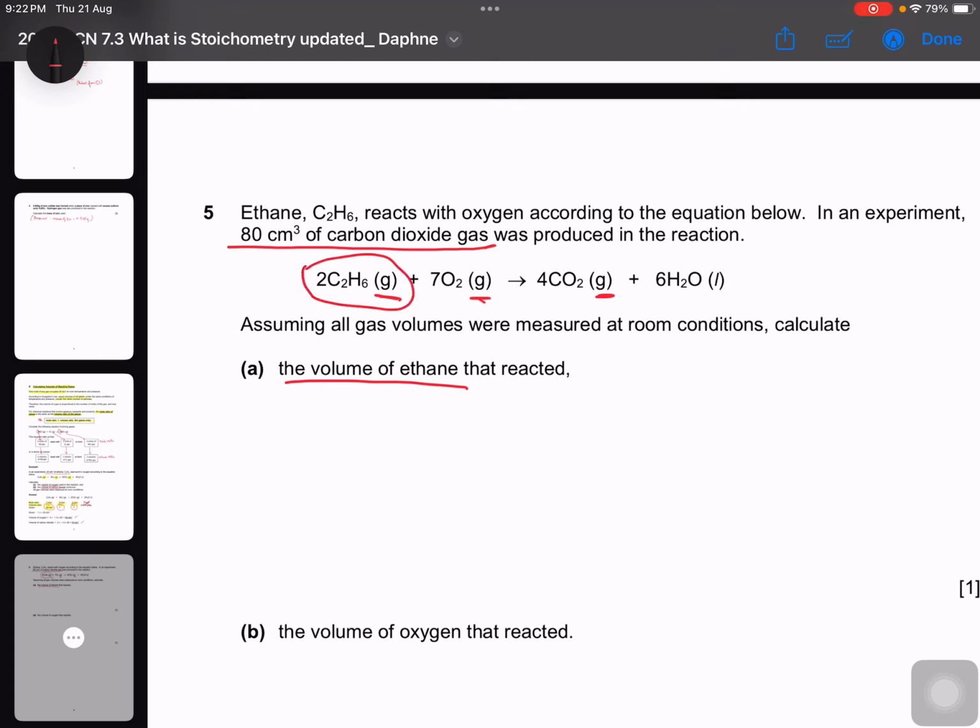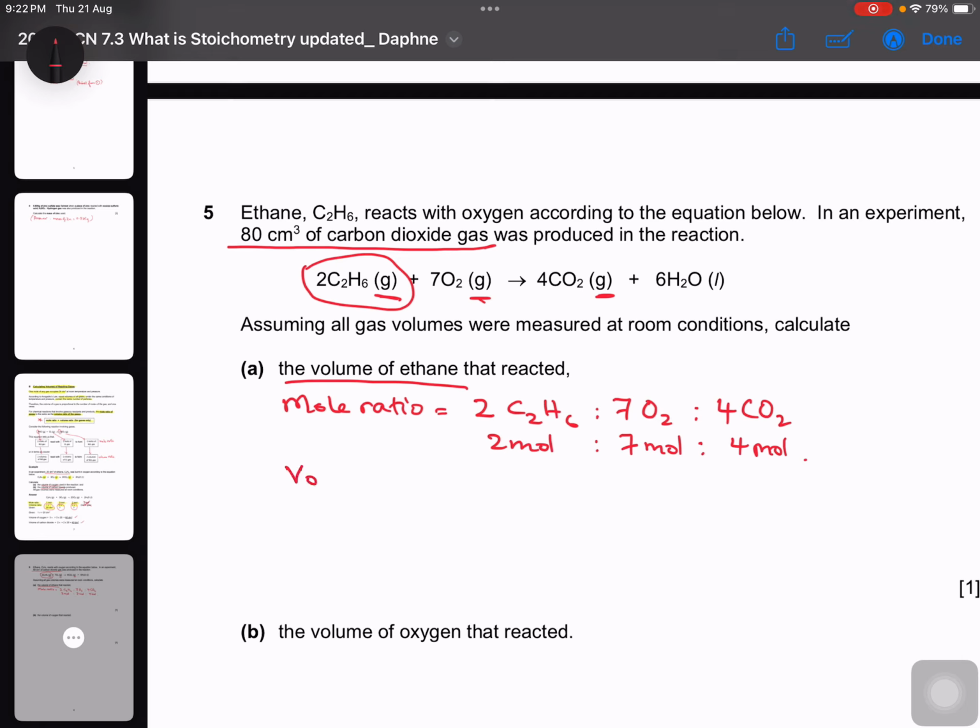Let's write out the first step, the mole ratio. The mole ratio is 2C2H6 is to 7O2 is to 4CO2. So 2 moles is to 7 moles is to 4 moles based on the balancing numbers.